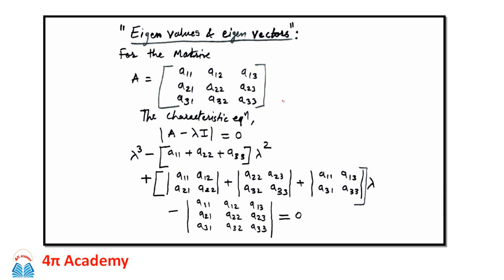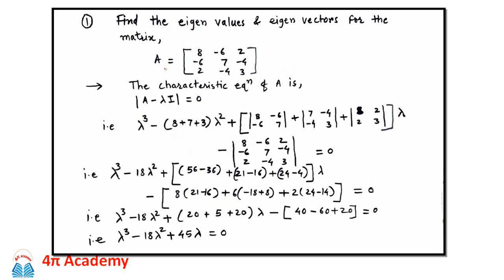So for any given matrix, for example, suppose this is the matrix which is given: 8, -6, 2; -6, 7, -4; 2, -4, 3.